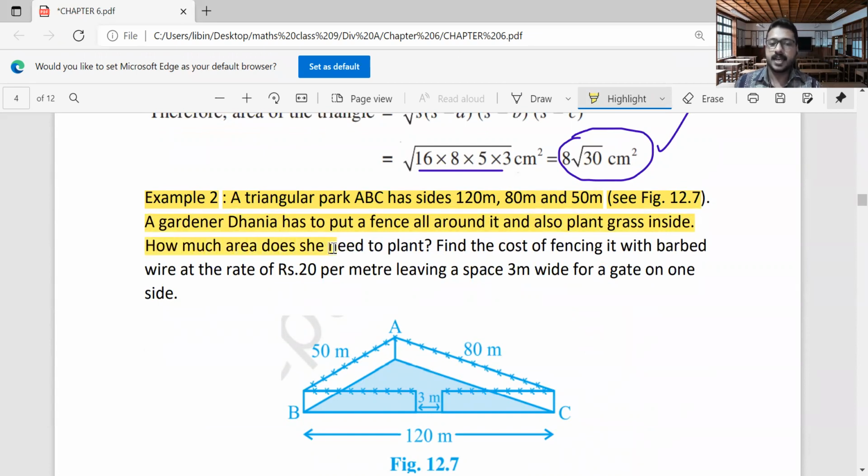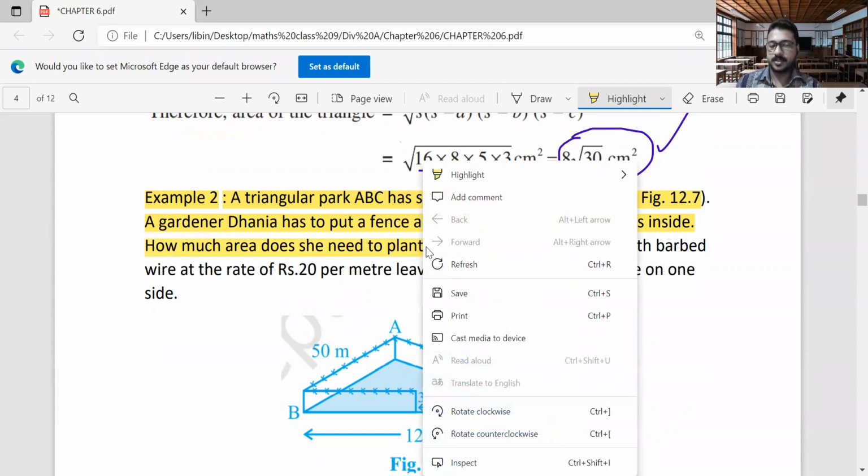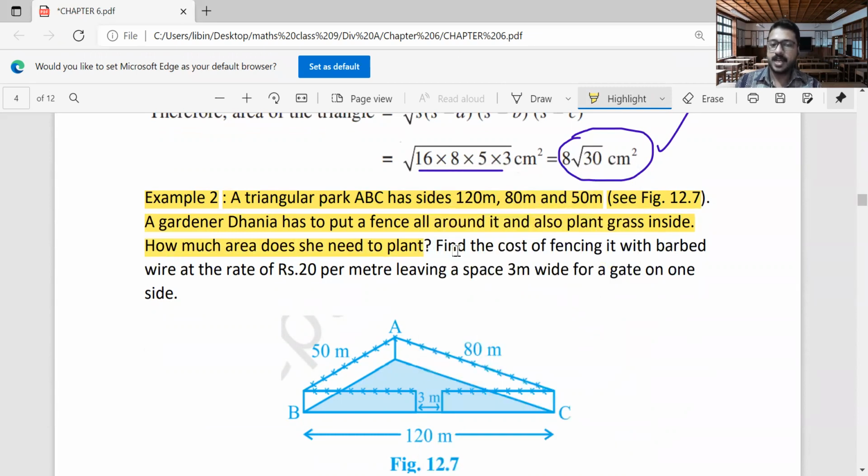How much area does she need to plant? Find the cost of fencing it with the barbed wire at the rate of rupees 20 per meter, leaving a space 3 meter wide for a gate on one side. I think this question is clear to you.